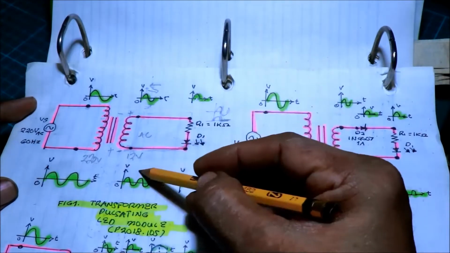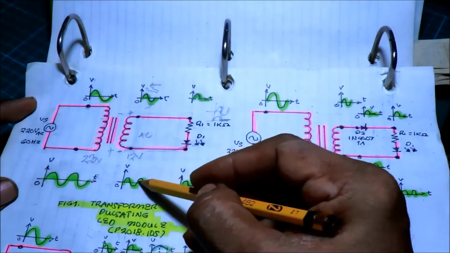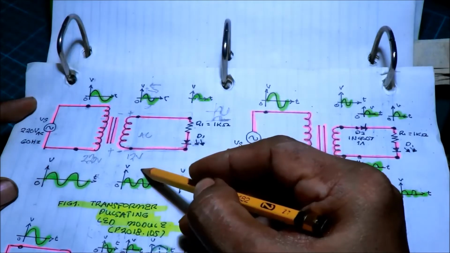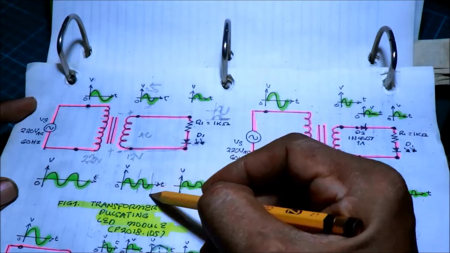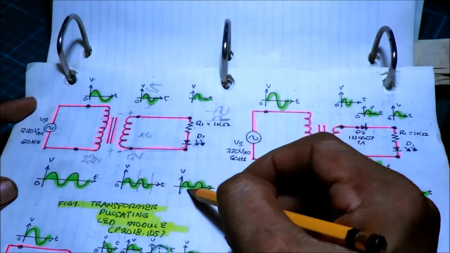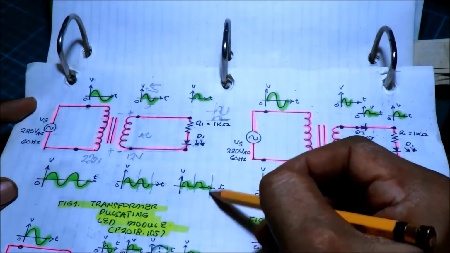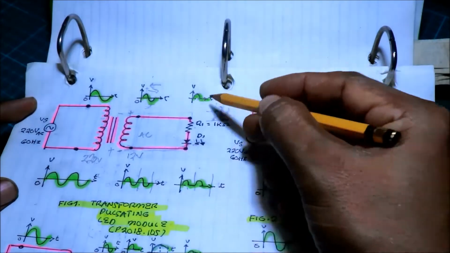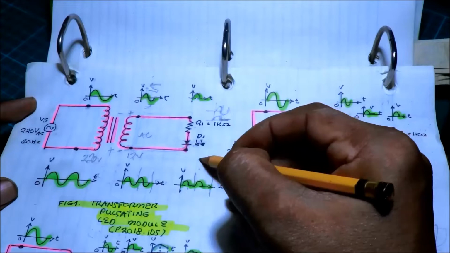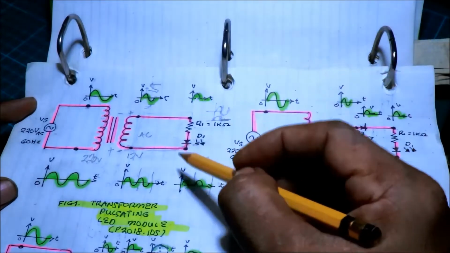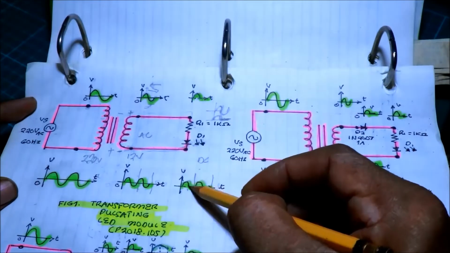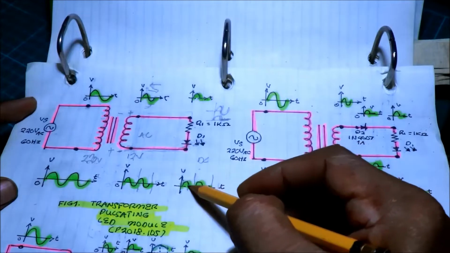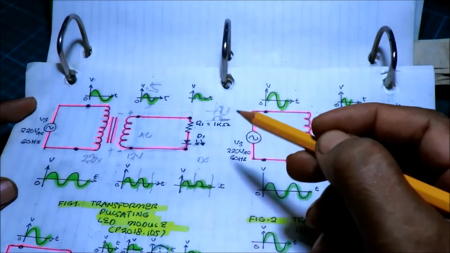Because when we use 2 cycles, 1 cycle per second, 2 Hertz, 1 cycle, 2 cycles, this is the output waveform. We have a pulsating DC current. This is pulsating DC. During the first half cycle, we have the output. The negative half cycle, we don't have the output.